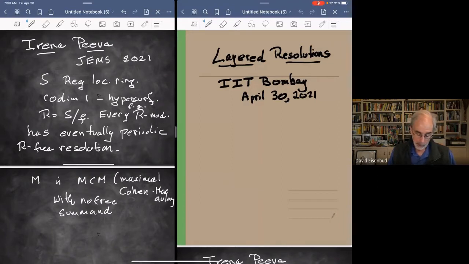But it might well have a free summand. However, if you go one step further, then there will be no free summand for sure. That's an easy result about Gorenstein rings. And in that case, M has a periodic resolution of period 1 or 2.